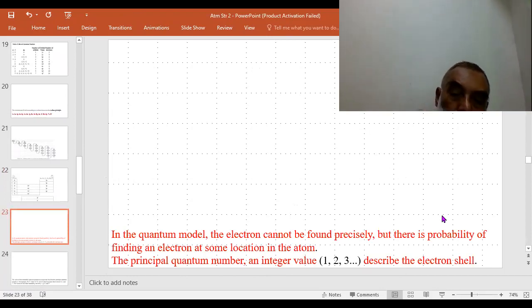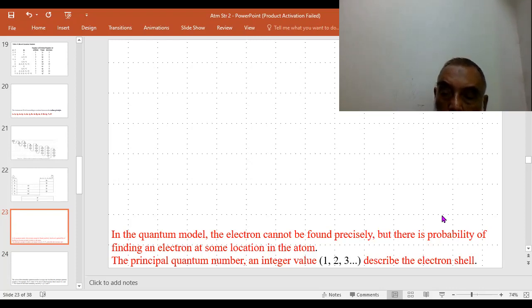In the quantum model, the electron cannot be found precisely, but there is a probability of finding an electron, and thus mathematically the shape of the electron orbit is assigned. The principal quantum number is an integer, 1 to infinity.